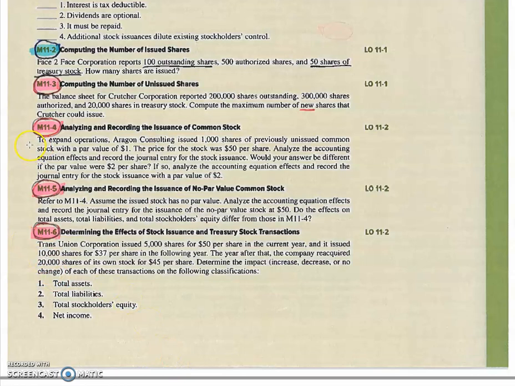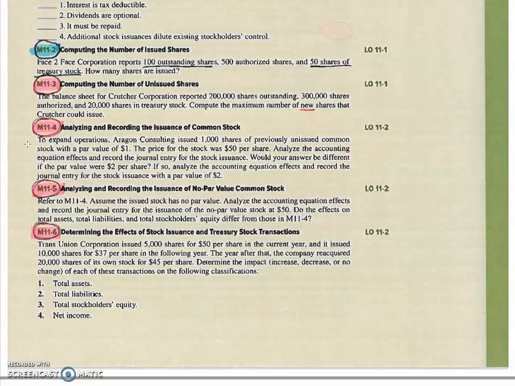Mini exercise 11.4. To expand operations, Argonne Consulting issued 1,000 shares of previously unissued common stock with a par value of $1. Price of the stock was $50 per share. Analyze the accounting equation effects and record the journal entry for the stock issuance.